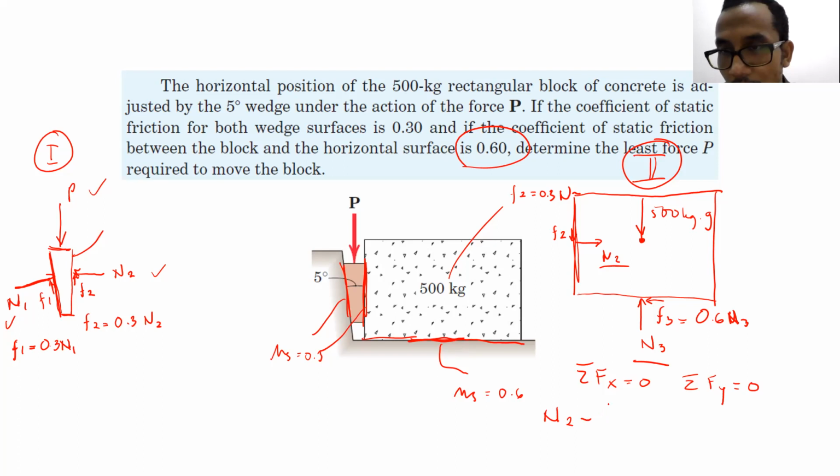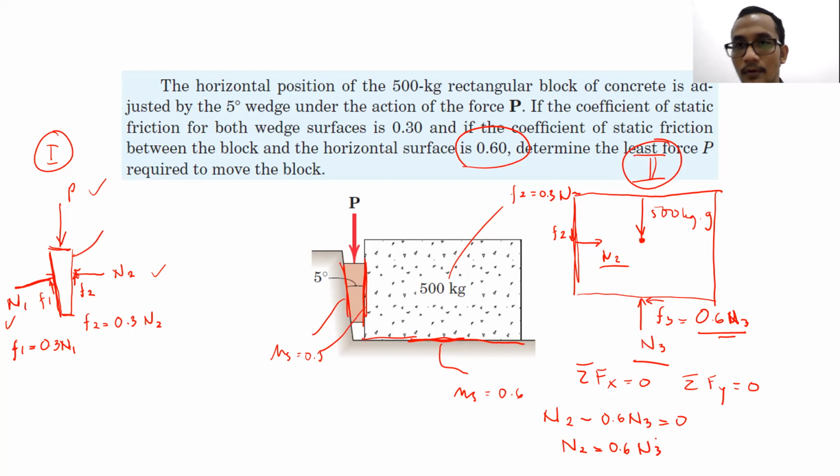But remember the F3 there, we're supposed to put it as 0.6 N3, equal to 0. That's why N2 will be equal to 0.6 N3. That's the first result, using sigma Fx equal to 0.